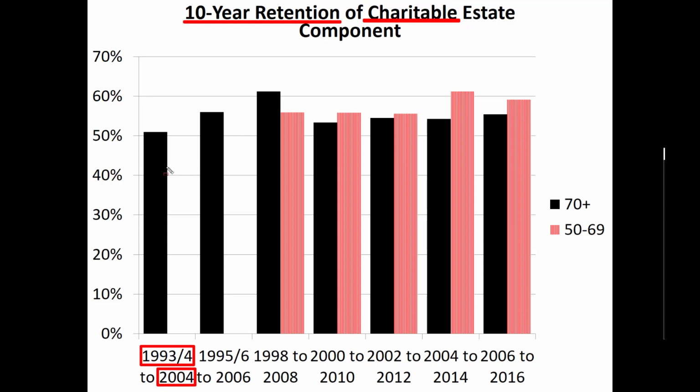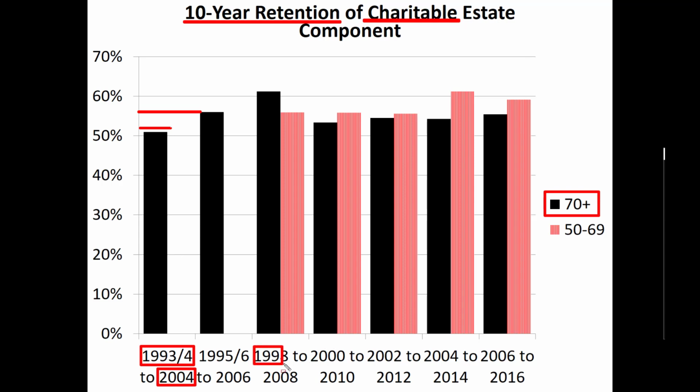Okay, and the first time this analysis was possible, it was actually possible at that point only with people age 70 and above. The retention rate was a little over 50%. Okay, the second time that was possible, that retention rate was about 55%. The third time that 10-year retention rate could be calculated was in 1998.